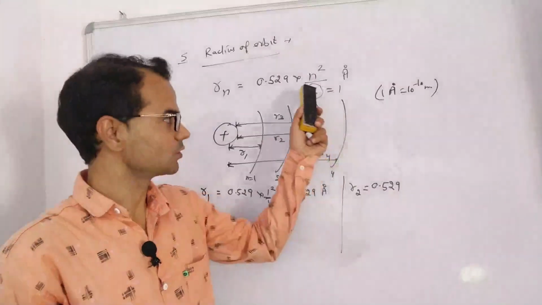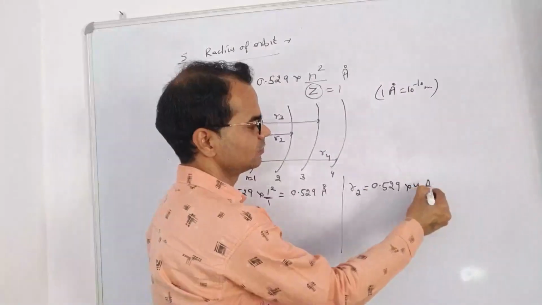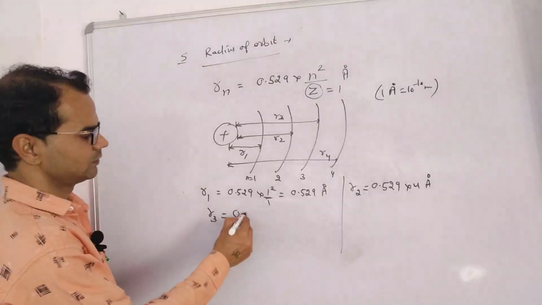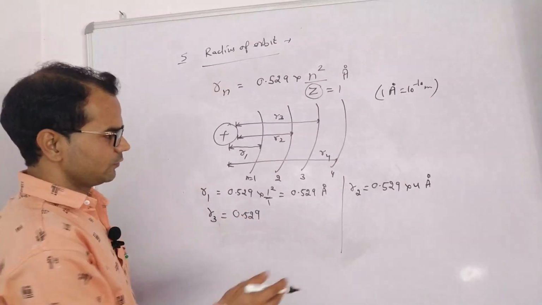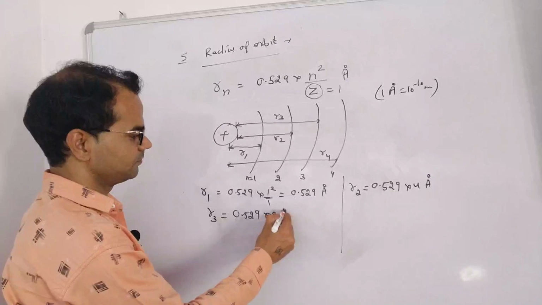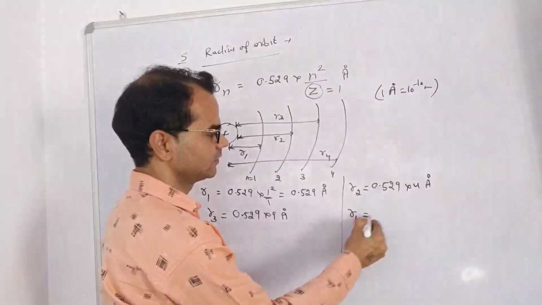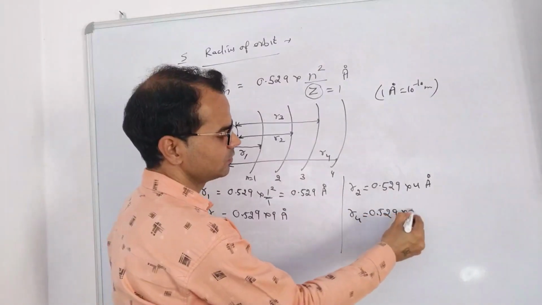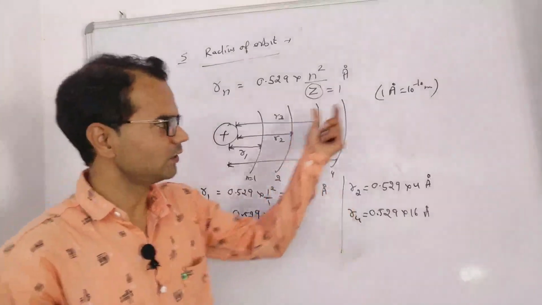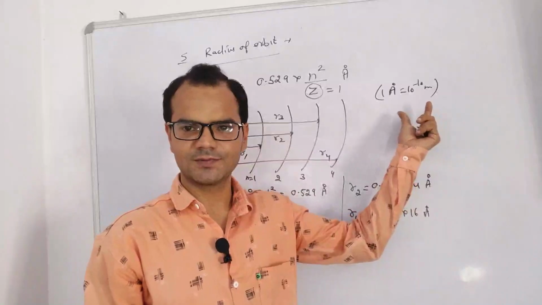N square, second shell, so 2 square, 4, into 4 angstrom. R3 is 0.529 into 3 square, 9 angstrom, and R4 equal to 0.529 into 16 angstrom. 1 angstrom equal to 10 raised to power minus 10 meter.